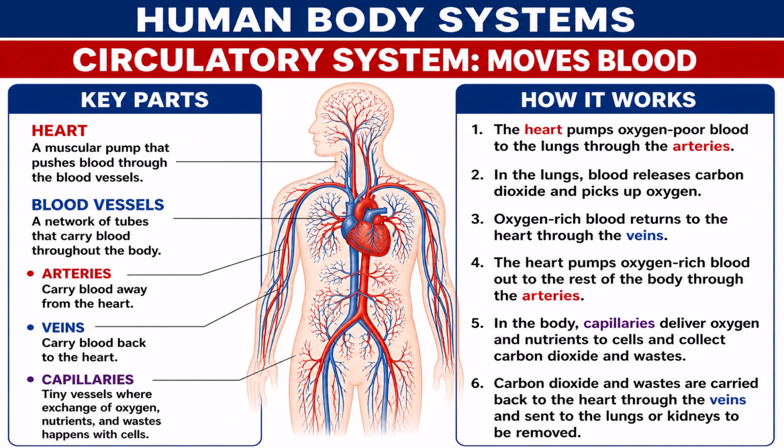Now, before we dive deeper into how it works, let's get a clear understanding of what oxygen-poor blood and oxygen-rich blood means. So, oxygen-poor blood is blood that has already dropped off its supply of oxygen to your body cells.